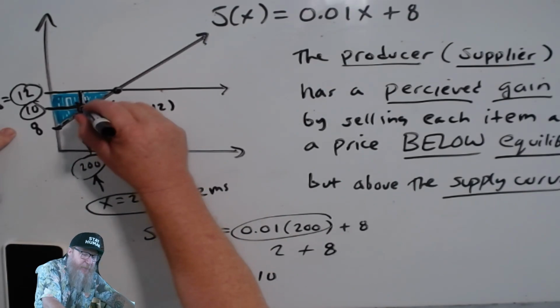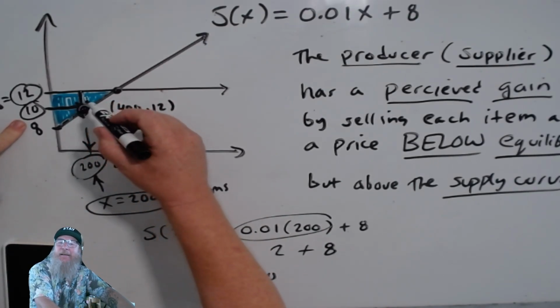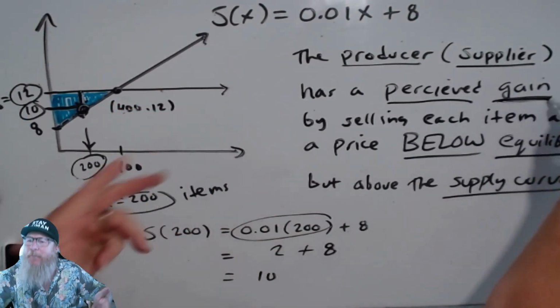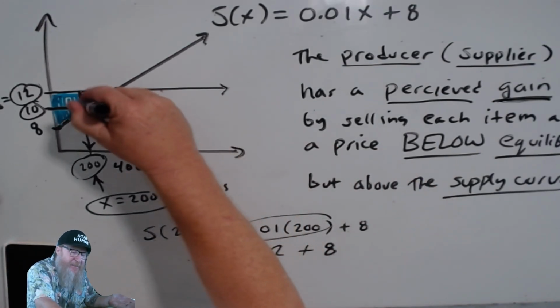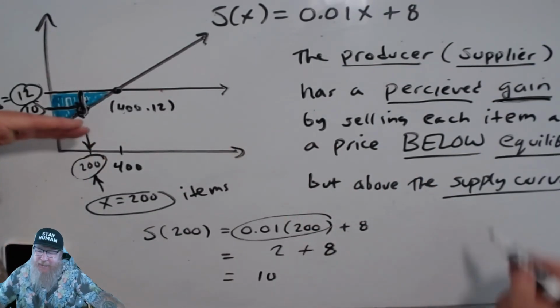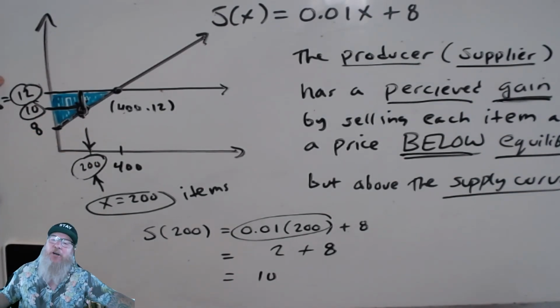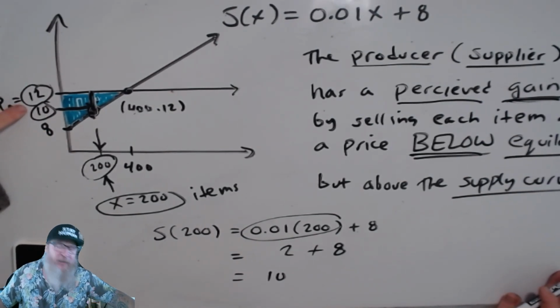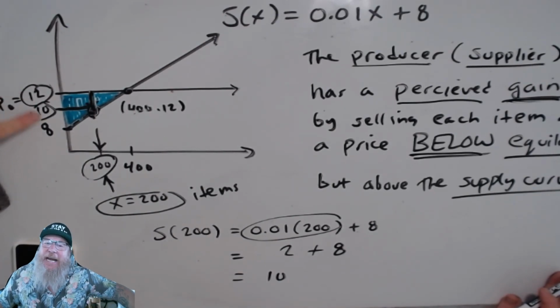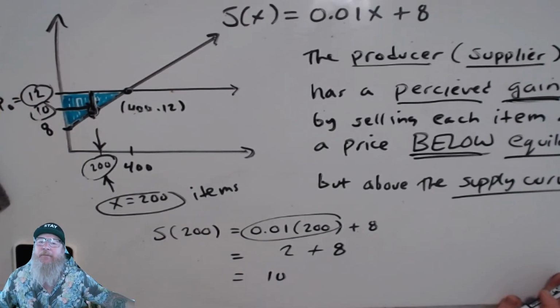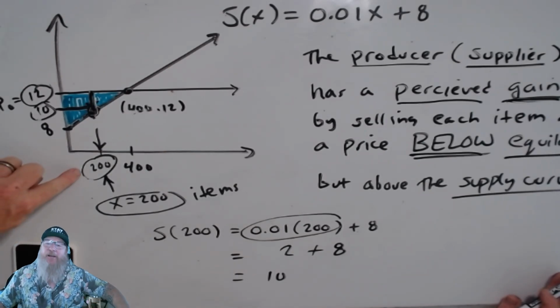They were willing to pay 10. So I'm gaining. There's a perceived gain by selling the item at a price that's below the equilibrium. In other words, I don't have to charge $12. I could charge $11. I can charge anything between 10 and 12. And that's for this number of units.